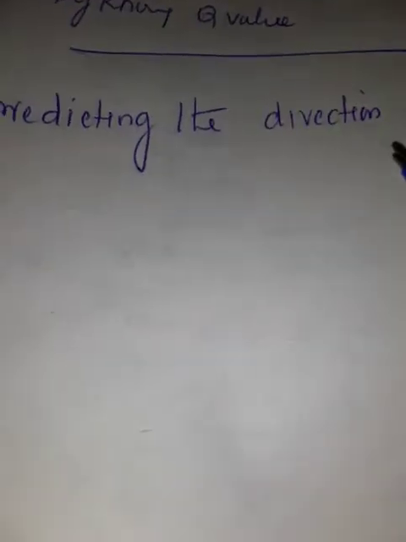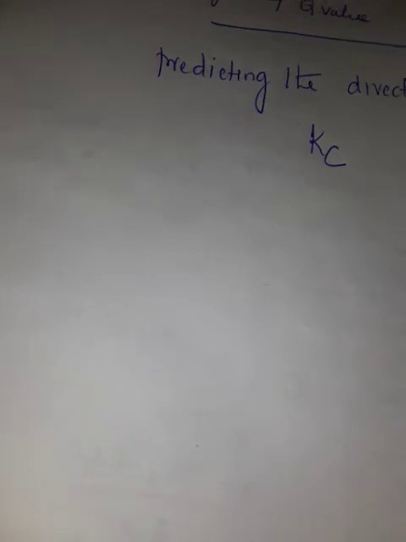Now we are going to learn about how the direction of the reaction is predicted, that is, predicting the direction of a reaction. From the knowledge of equilibrium constant Kc, it is possible to predict the direction in which the net reaction is taking place for a given concentration or partial pressures, Kc as well as Kp.